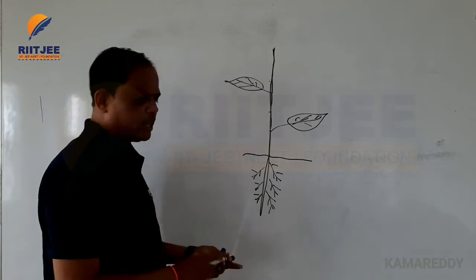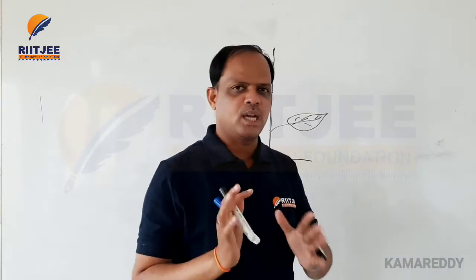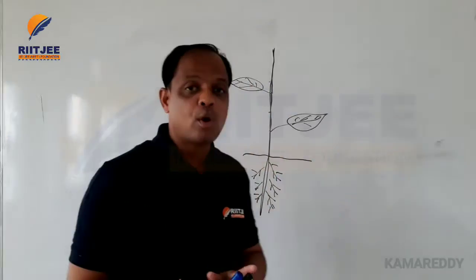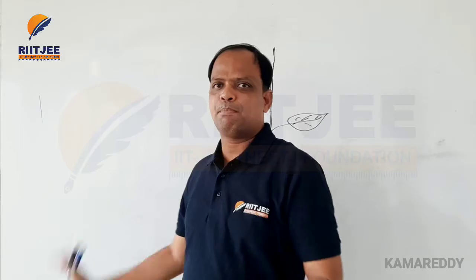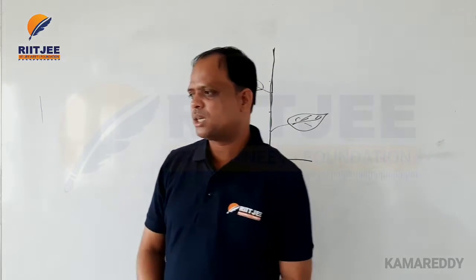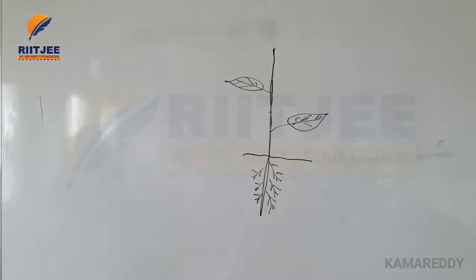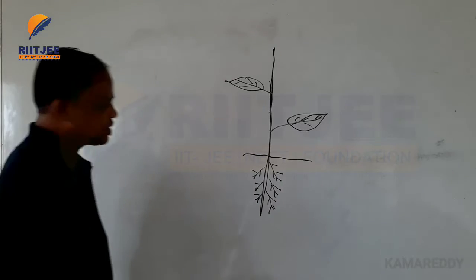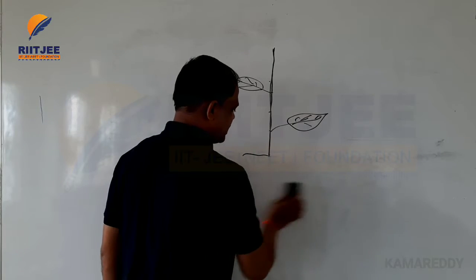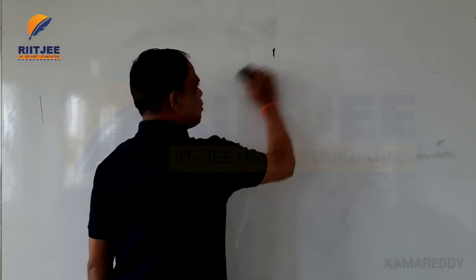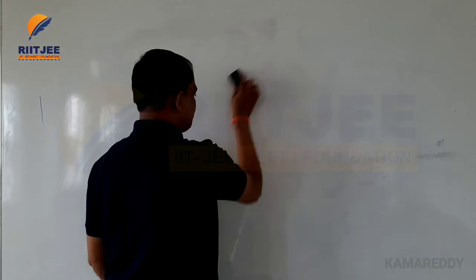Today we are going to discuss how the life process is carried out in plant systems. Today's second-day bridge course topic is how the life process of plants is carried out. That is the second topic, the life process.